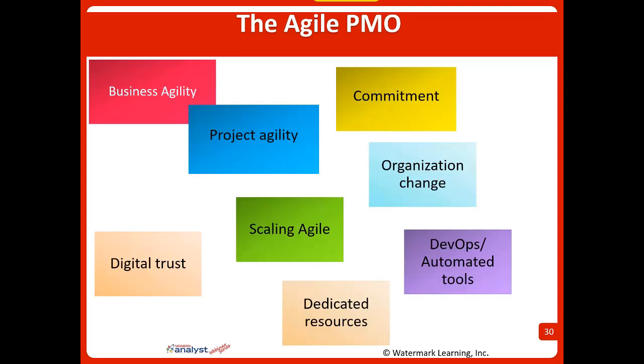A commitment to the fact that there's probably going to be a rather major shift in the organizational culture, and that the organization is going to need to spend some money on things like dedicated resources, on software, automated tools, a tool chain to help support continuous delivery, on scaling Agile and figuring out the whole digital technologies and building digital trust. This is something that I believe the Agile PMO can do, and experienced PMs and BAs can help with this effort.